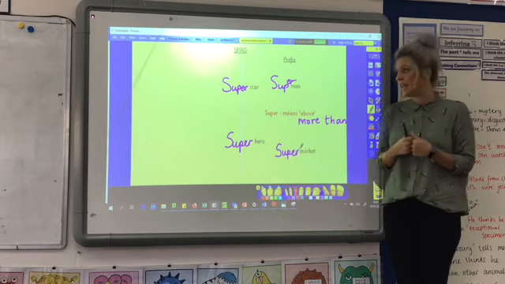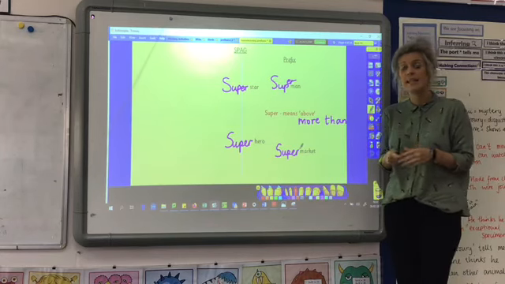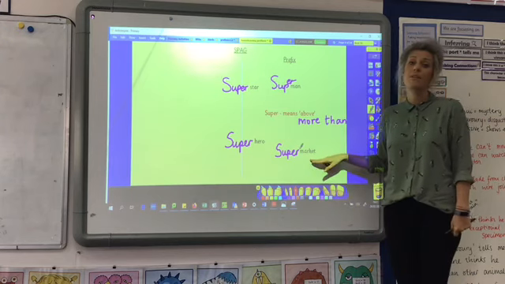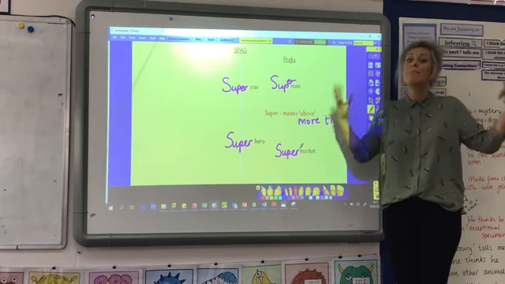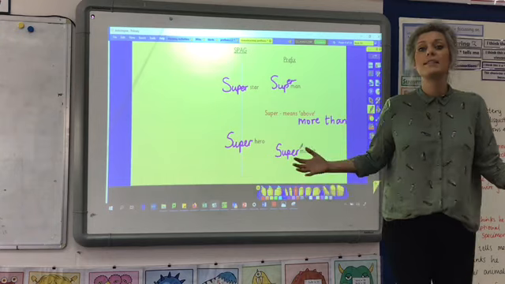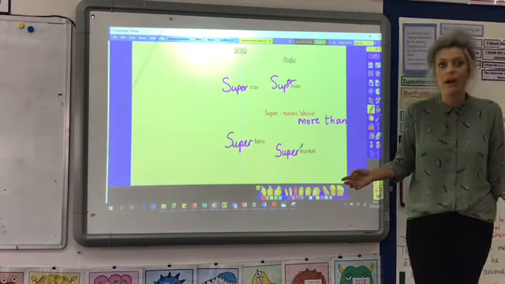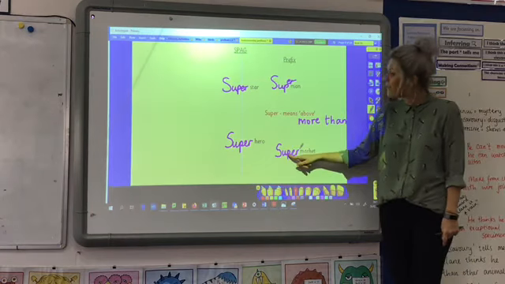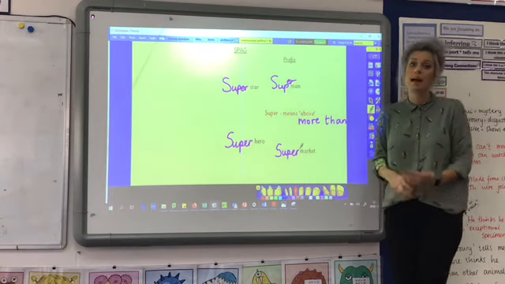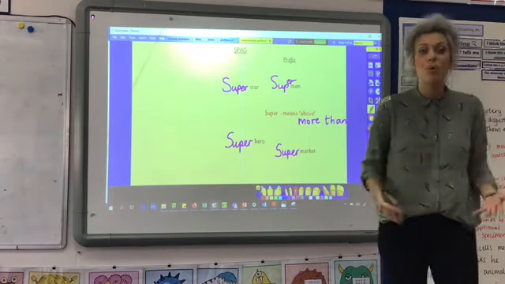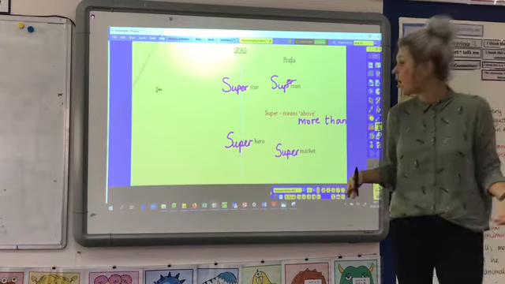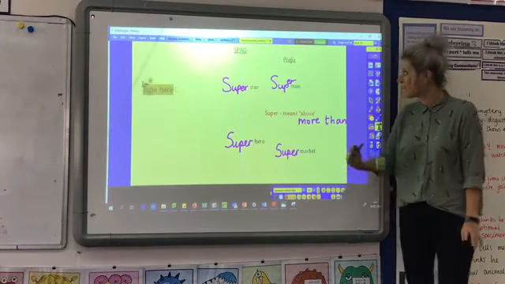However, I believe it was in the 1960s, supermarkets were invented, which were really big markets that you could go to buy everything or anything that you might want. And super means above or more than. So these markets had more than a small market had in there.